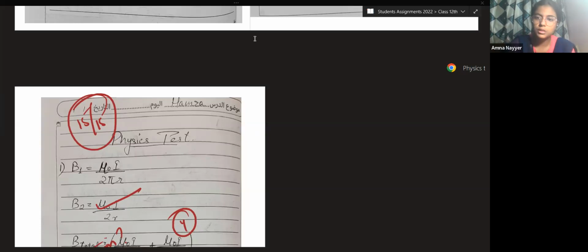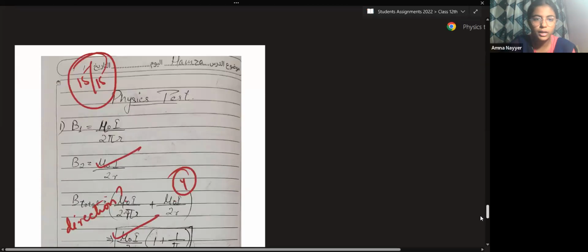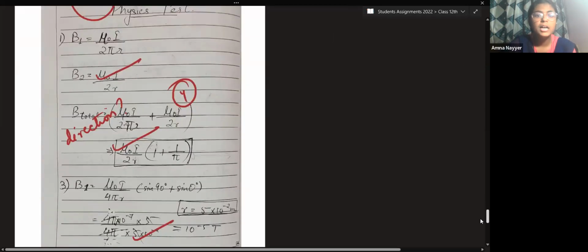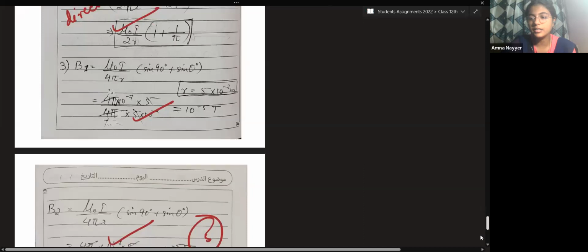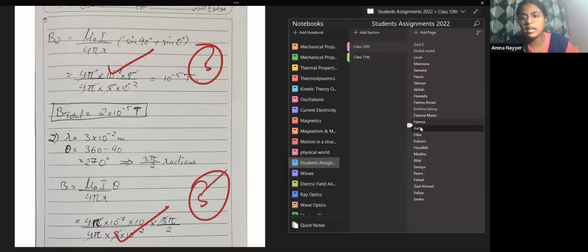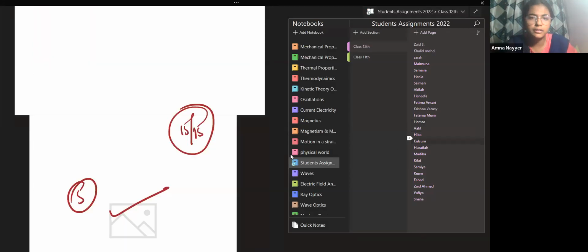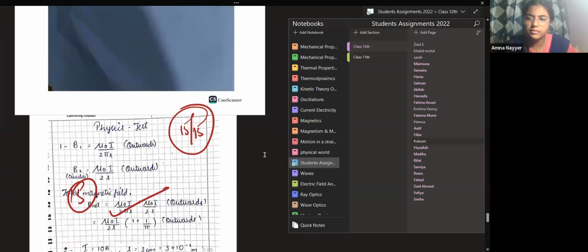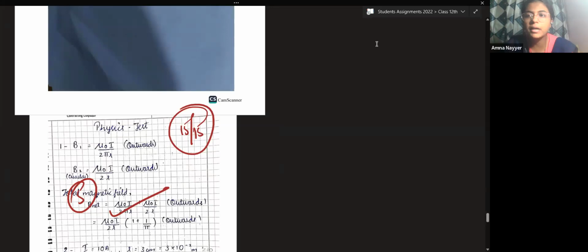So Hamza, as usual, you wrote a perfect paper. You write all the subjective tests well. Yes, Hamza, again, the direction. Same thing, direction. Everyone has done the paper well. It's just that the errors in direction are being made. Rest of the things are fine. So Kulsum's score was also fine. Who all have joined? Huzefa has joined. Hiba has joined already.